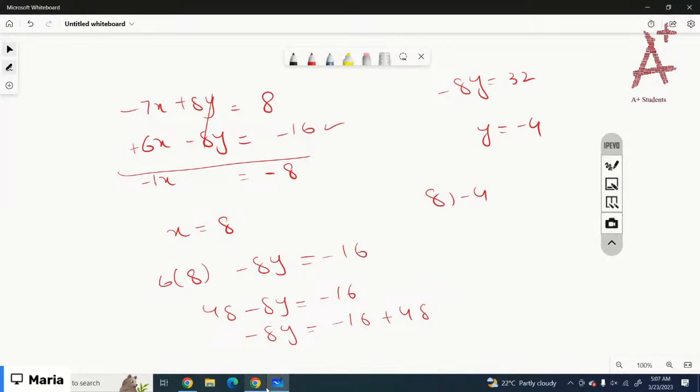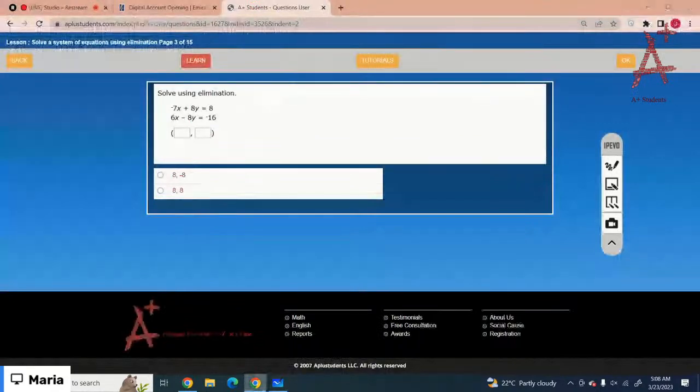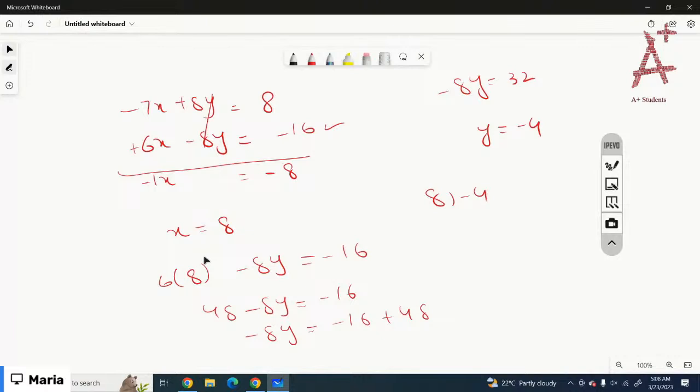Got it? Let me see how. It is 4, not 38.